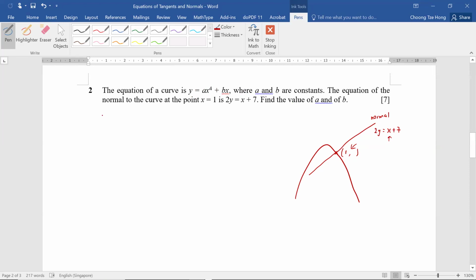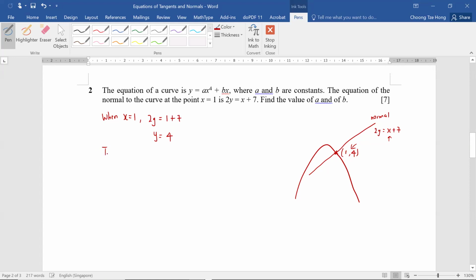Okay, so let's write down the solution. So when x equals to 1, we sub x equals to 1 inside the equation of this normal, because the normal passes through this point, which the curve also passes through, right? So 2y will be equals to x, replace x with 1, plus 7, so 8, so y will be equals to 4. So now we know the coordinate of this point is 1, 4 already, right?